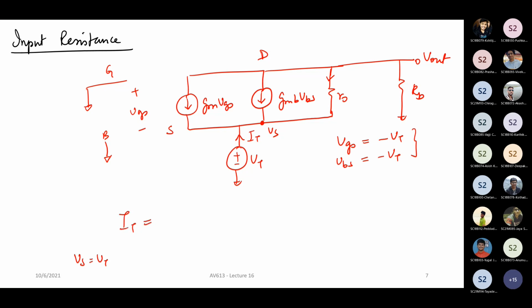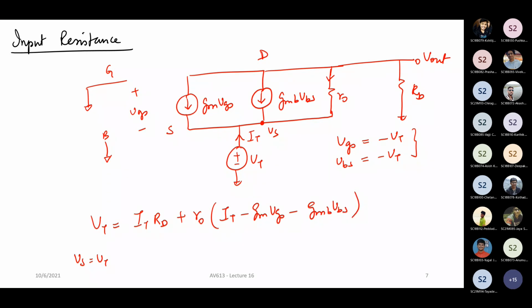So It is basically given as minus of GMVGS, GMBVBS plus, or rather ItRd. Yeah, we can do that. Or in other words, Vt can be written as It times Rd plus R naught times It minus GMVGS minus GMBVBS.